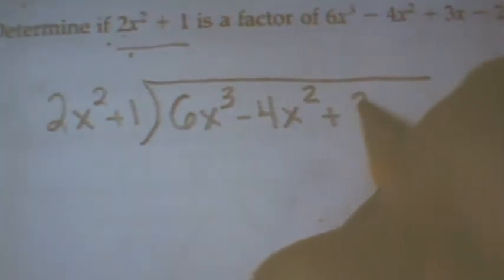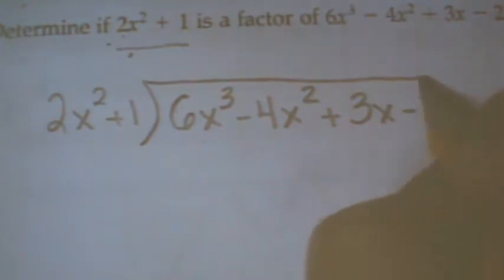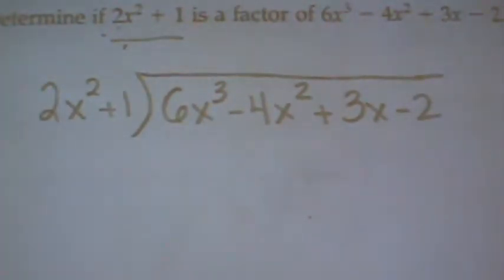Now, the first thing you do with long division is set up your problem. When possible, if the dividend has a missing term, I would highly suggest you put in a 0 for a placeholder.